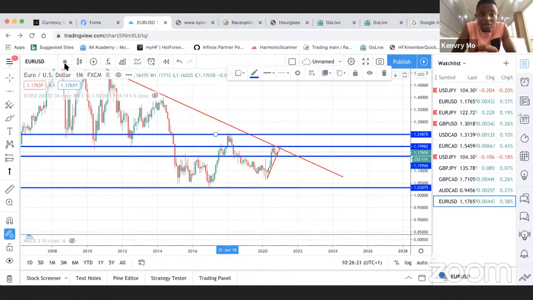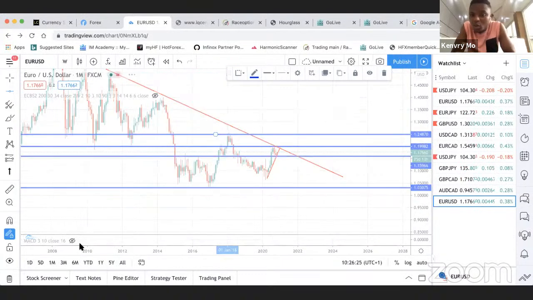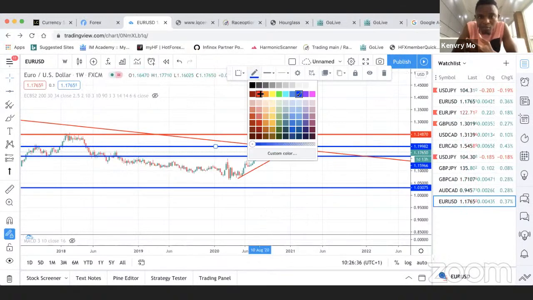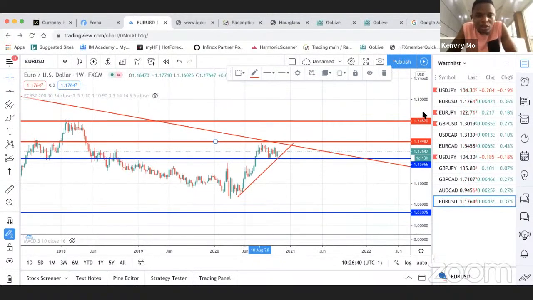So the second thing I do, now that I know the monthly perspective, is I go to the weekly, to see what the weekly is doing. All right? Don't forget, I love to change my ceilings to red and my floors blue. So if we look at the weekly right now, weekly looks like monthly.